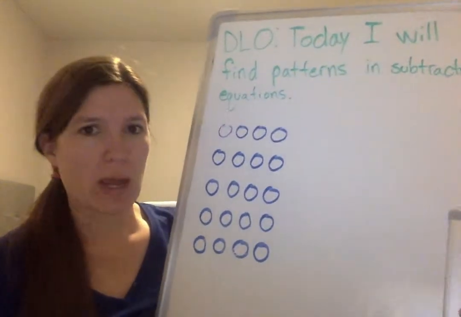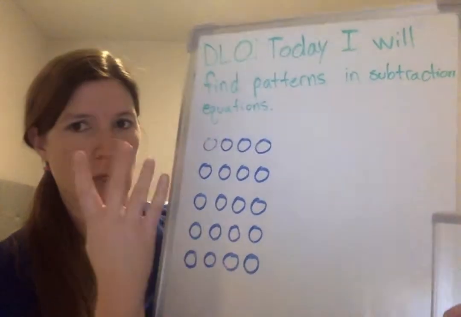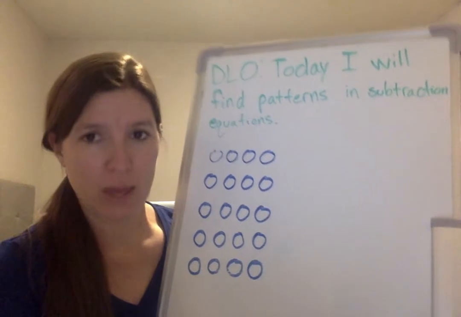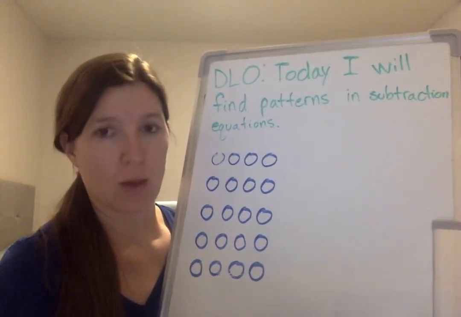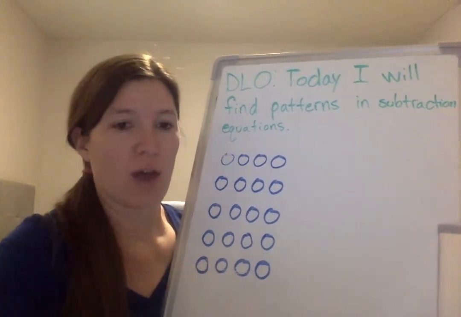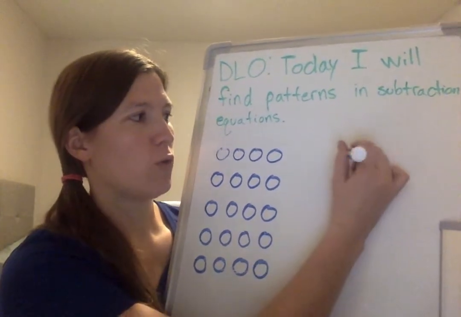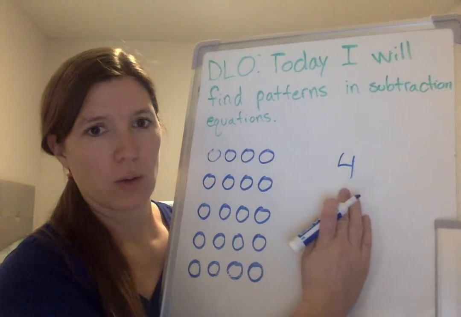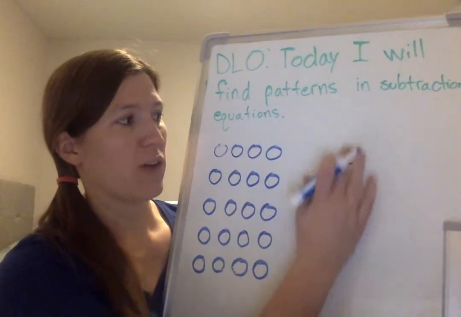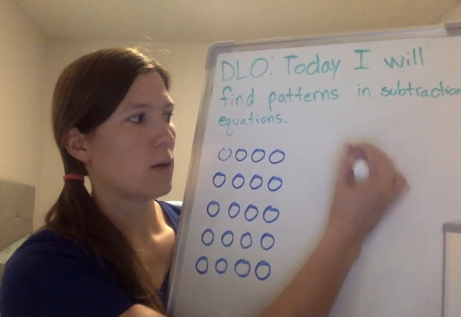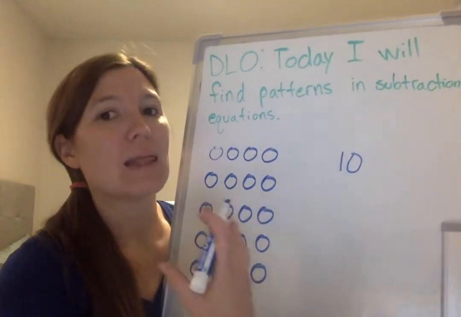We're going to break apart 4. The number 4. And if you remember from last time when we found patterns, you can make a number one more than that number. So if I have the number 4, I can make 4 with 5 different ways. If I have the number 10, I can make it 11 ways.